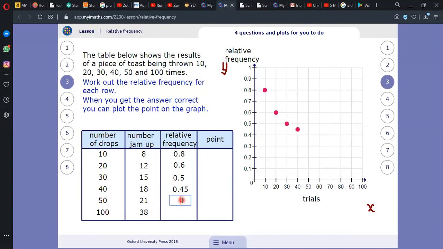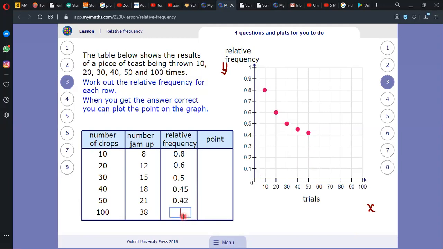Okay, the next one. 21 divided by 50 is going to give us 0.42. We plot the point on our graph. That is for 50, and 0.42 is just going to be a little bit away from 0.4.